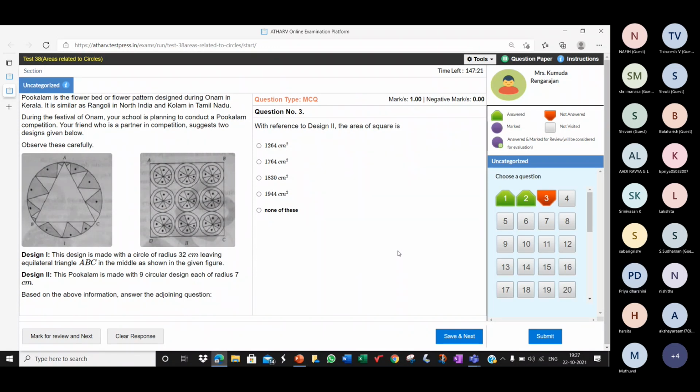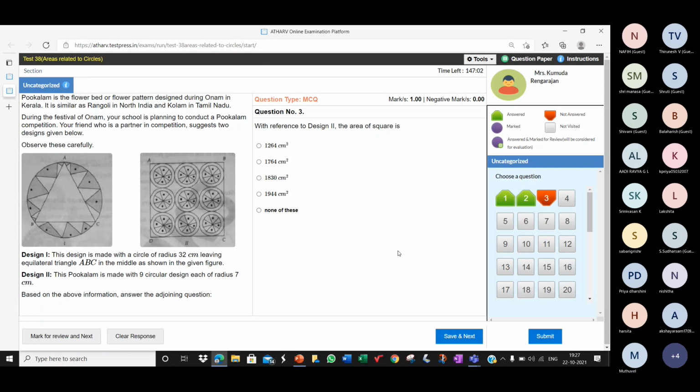What is the side of the square? 42 centimeters. All of you? Yes, ma'am. What's the radius of one circle? 7 centimeters.